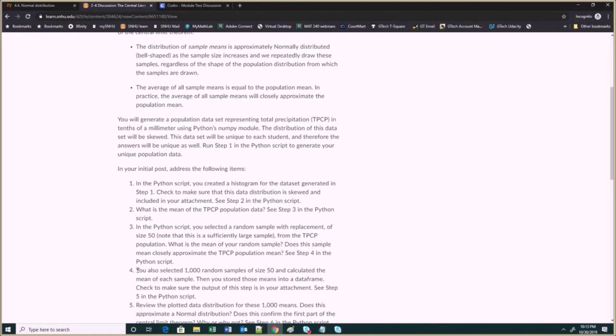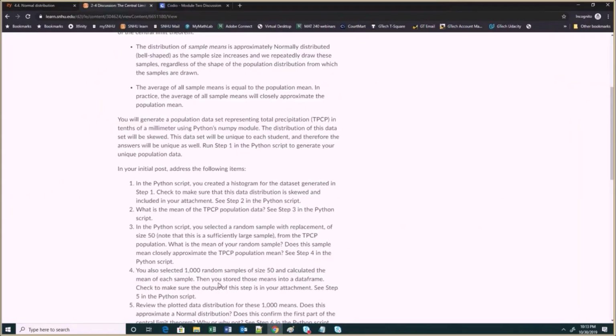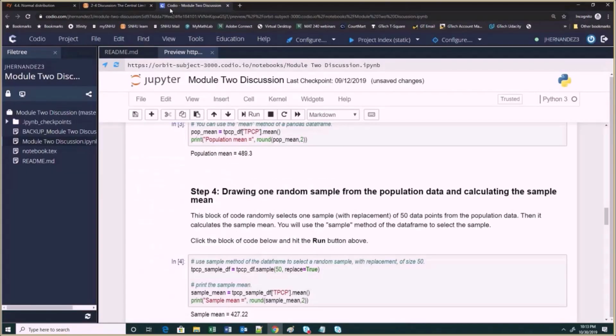Now, in the next step, we will generate 1,000 random samples of size 50. We will repeat the step that we just did, but 1,000 times. Then we will store all of the 1,000 sample means into a data frame. So let's go to the next step.